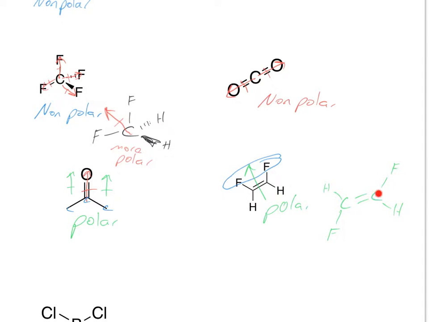Even though it has the same very polar bonds. Right? This bond's really polar, and this bond's really polar, but they're essentially going opposite each other, so they cancel each other out.